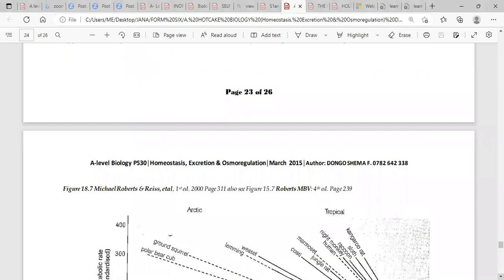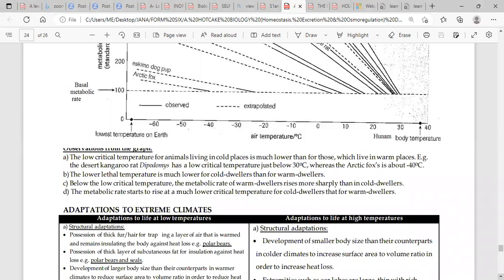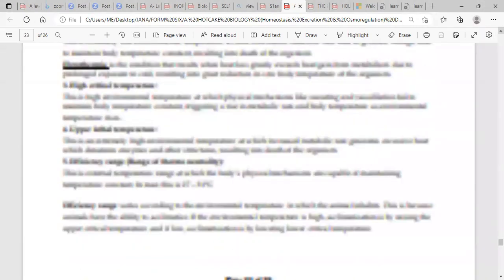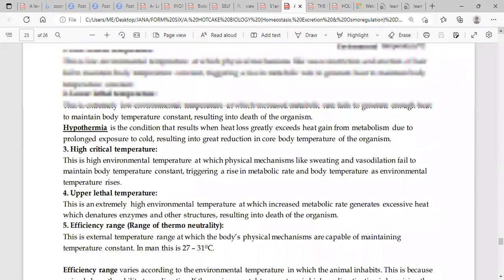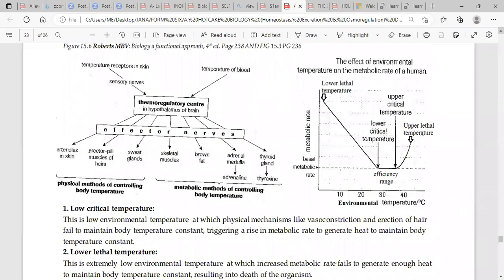Now, when you look at this graph, you will ask yourself, why does this organism have to die beyond the lower lethal and beyond the upper lethal temperature?